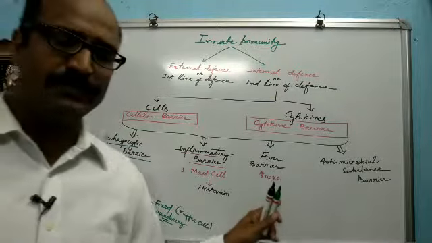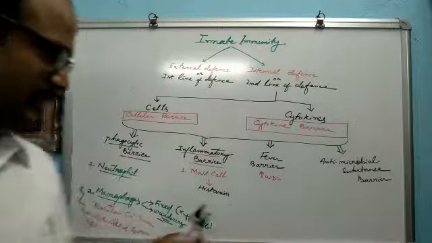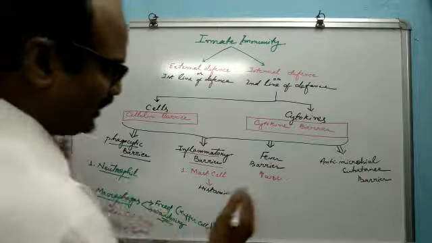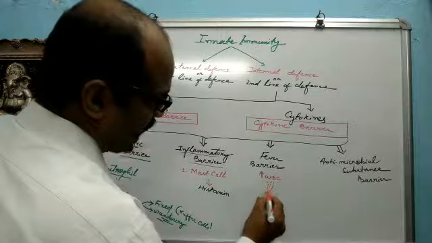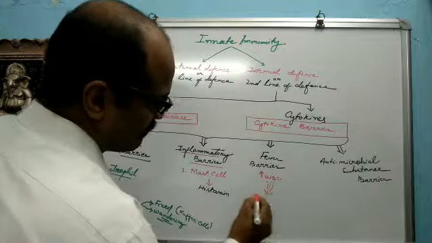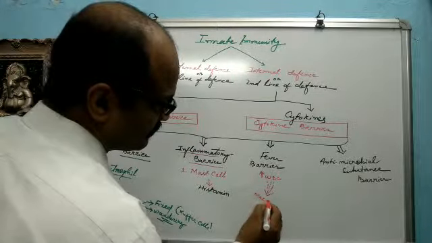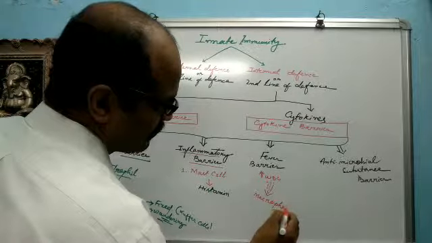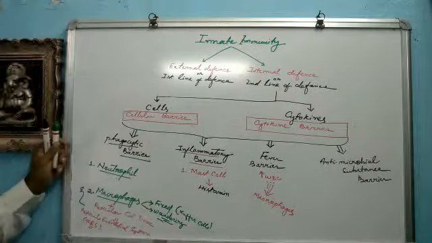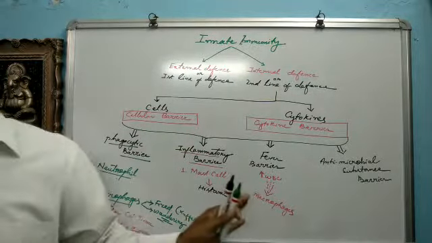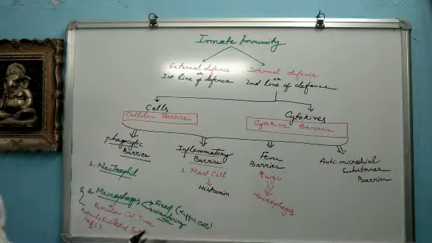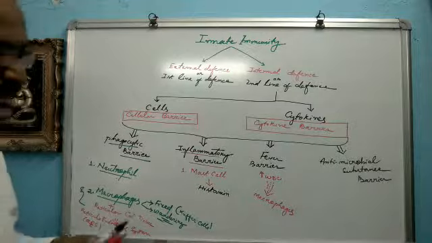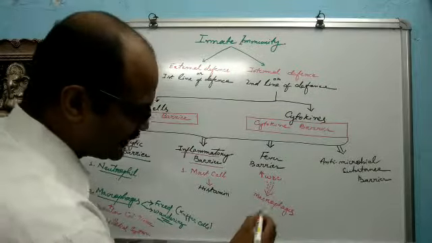In response to the increase of WBC, which activates the macrophages, the activated macrophages secrete a chemical known as pyrogen.